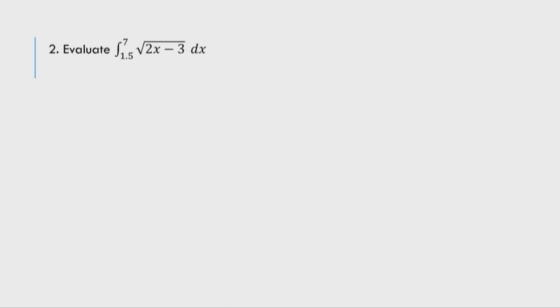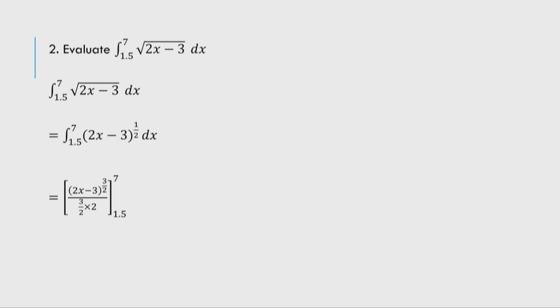Example 2. Evaluate integration of square root of 2x minus 3 with respect to x between the limits 1.5 to 7. First, we are going to rewrite the function as follows. Integration of 2x minus 3 to the power of half with respect to x between the limits 1.5 to 7.